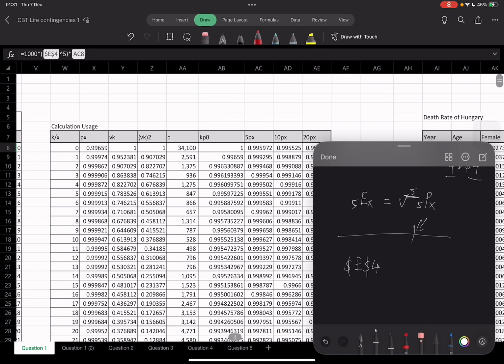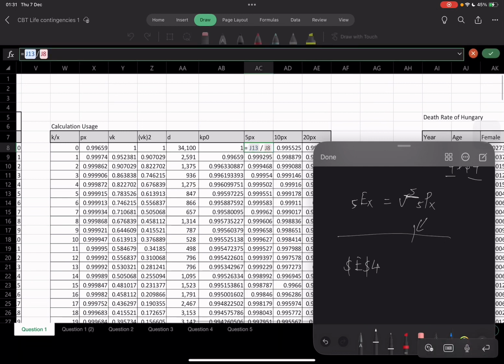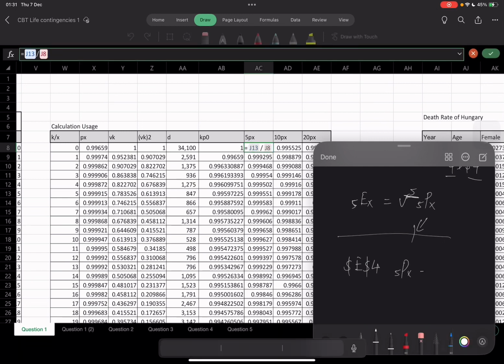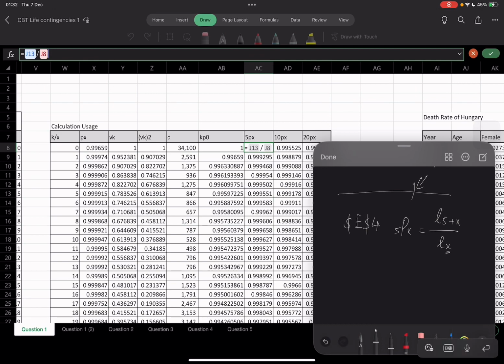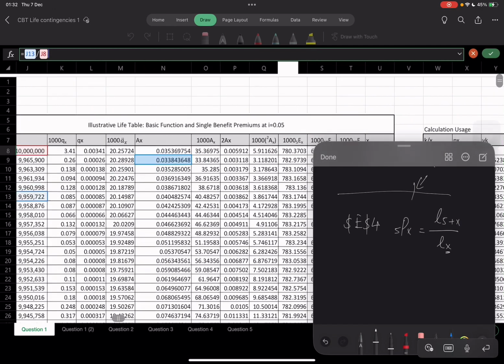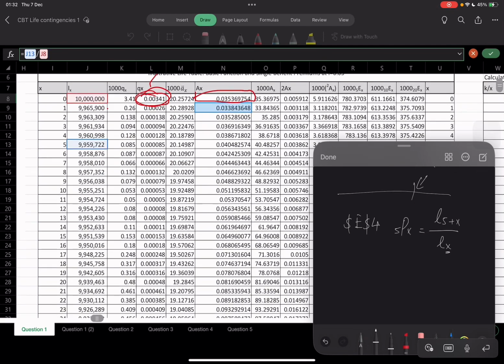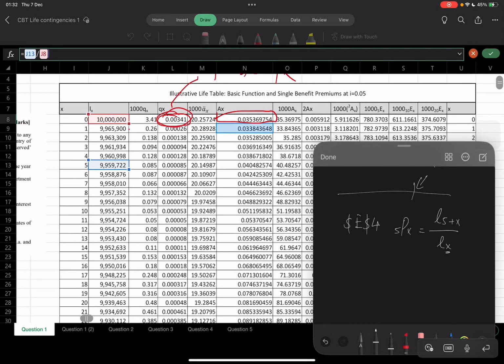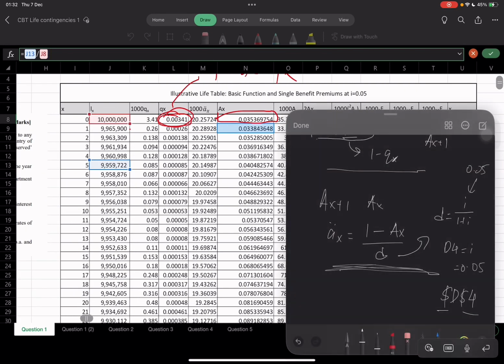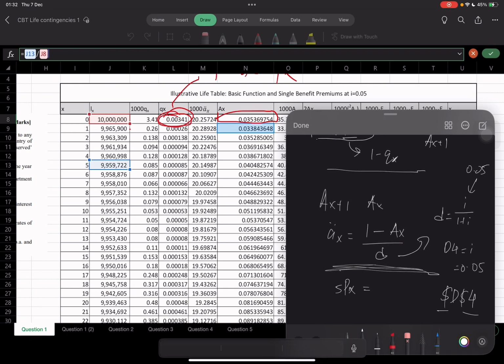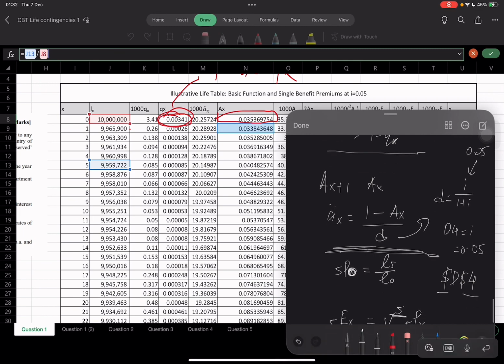We calculate 5px with this formula: L(5 plus x) divided by Lx, the total surviving persons at x. For 5p0, we divide L5 over L0.